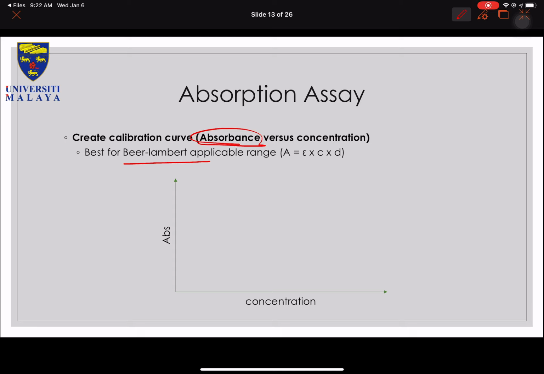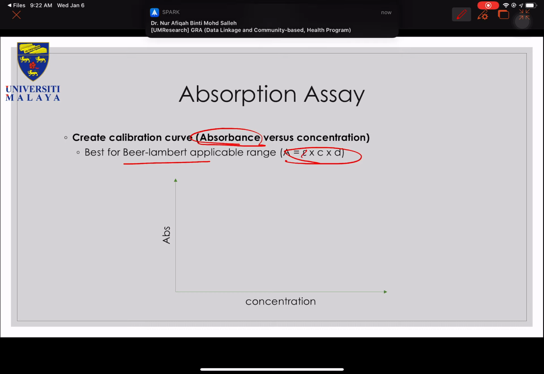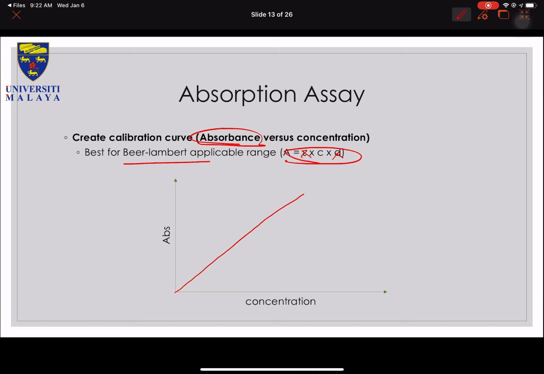So it will fit this equation: absorbance equals extinction coefficient times concentration times distance. When you convert this into a linear form, since the extinction coefficient and path length are constant, you'll get something like that, until a certain point whereby the concentration is very high, and you will see Beer-Lambert goes into plateau.